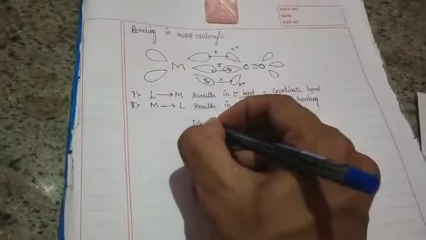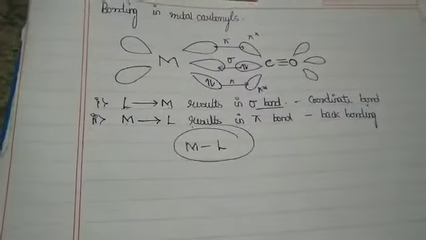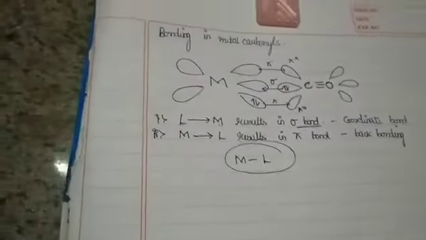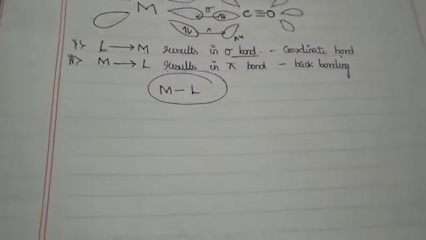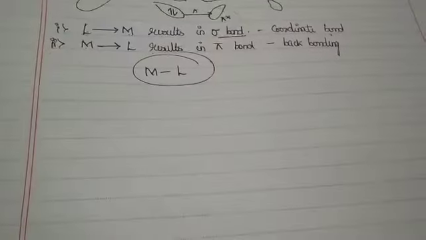And due to this back bonding, the bond between the metal and the ligand is strengthened, which is not observed in other types of complexes. This type of one sigma bond and two pi bonds is one of the most important properties we observe in metal carbonyls. So this is a special type of bonding which one has to know.